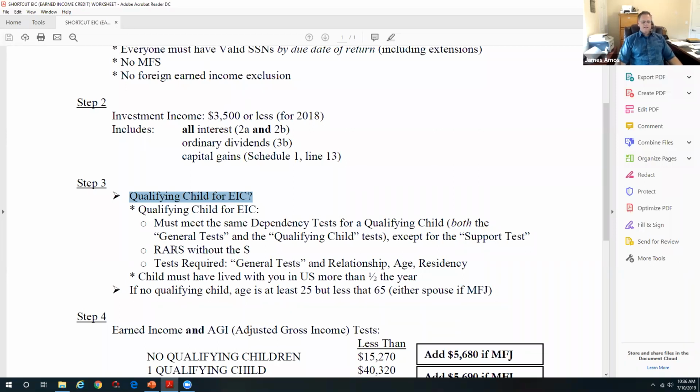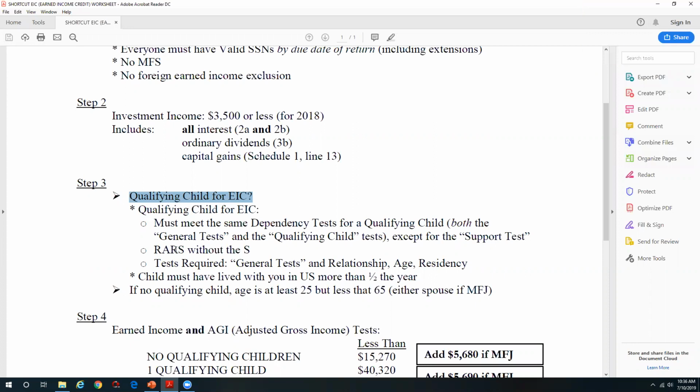Okay, so as you can see, remember we said, and we're talking about the child tax credit, is that refundable or non-refundable? Sorry, my bad. Again, child tax credit, is that non-refundable or refundable? Non-refundable.